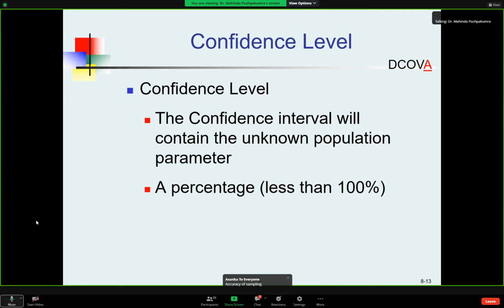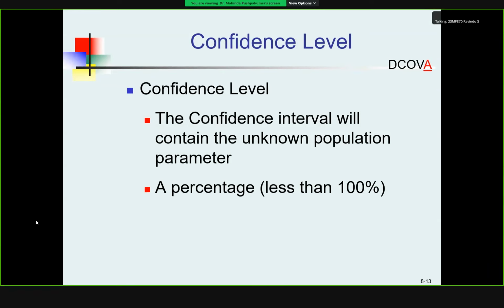Not the point estimate, the population mean, no? Yes.